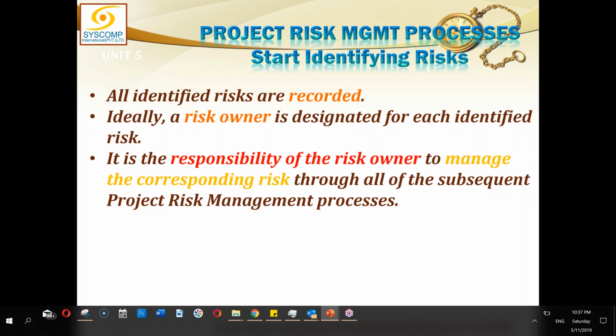So this risk owner may have some team who will help him do his job. But looking after that risk is not the only job of the risk owner. He will actually be performing some other duties on the project as well. He may be the supervisor of the wall construction, and all the risks in the work package of wall construction would probably be under the ownership of this supervisor.